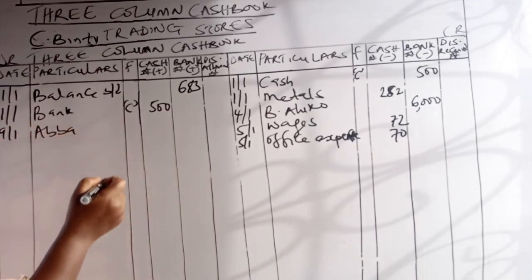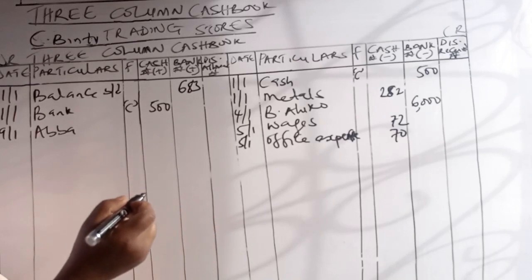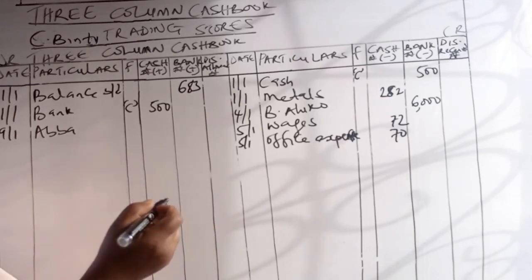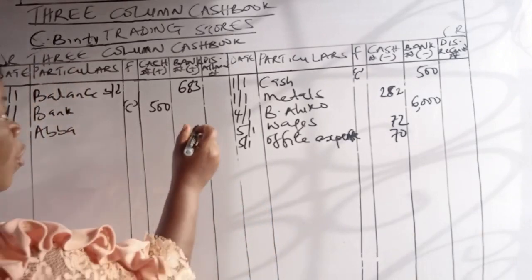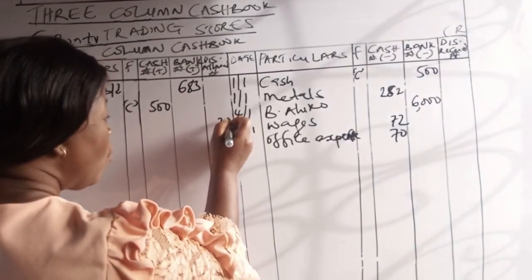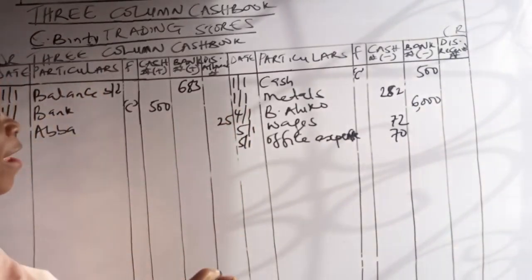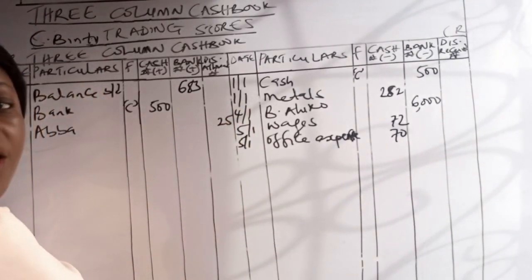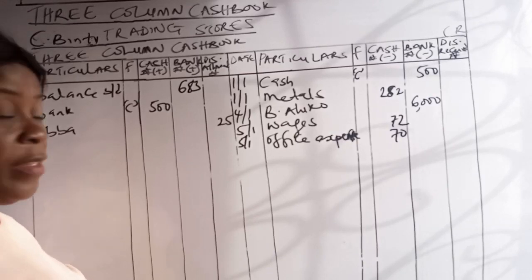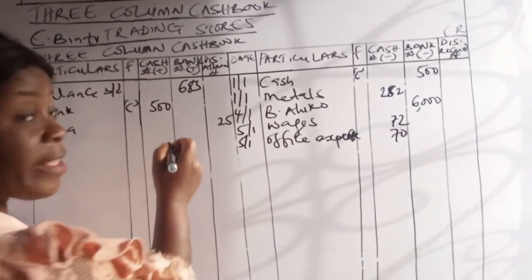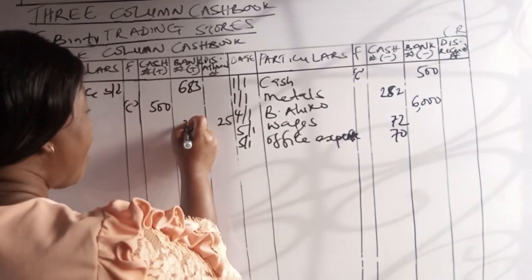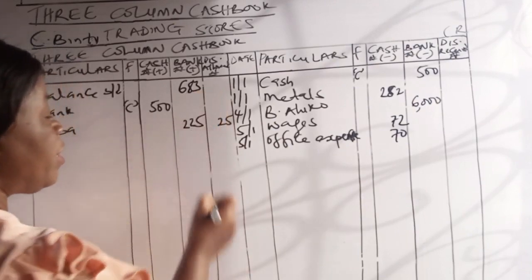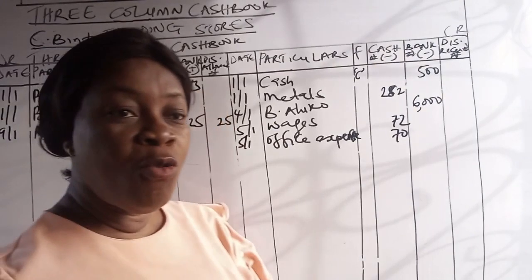So in the column for particulars we write Aba, then 10% of 250 naira is 25 naira. So in the column for discount allowed we are writing 25 naira. Then we will minus that 25 naira from 250, and that will give us 225 naira in the bank column.